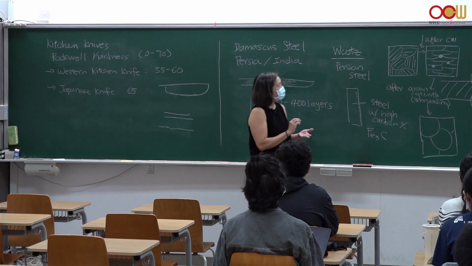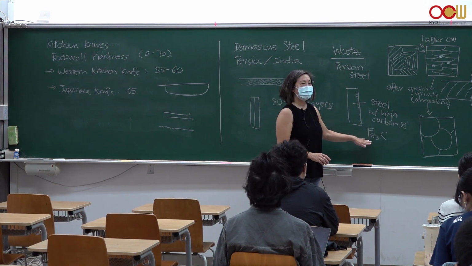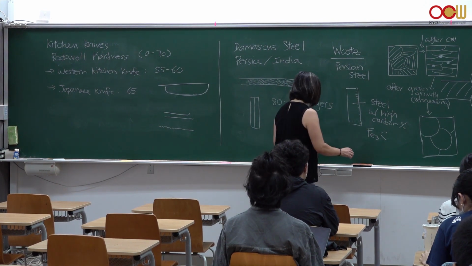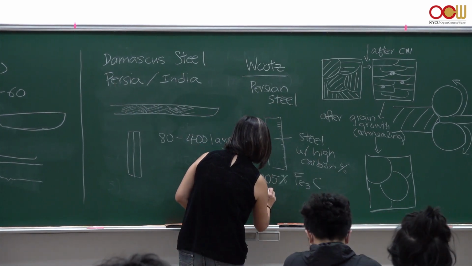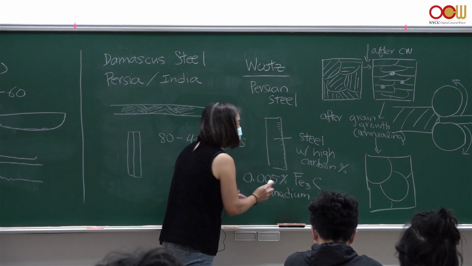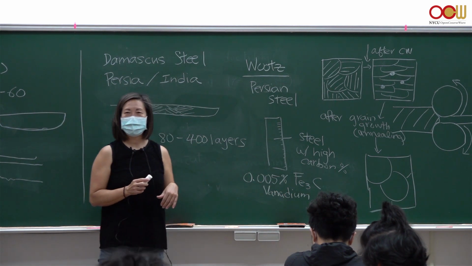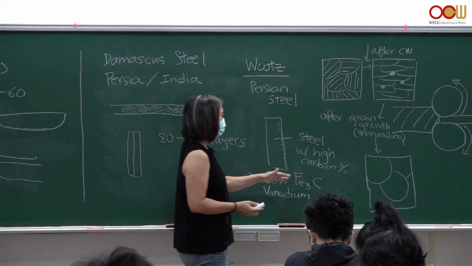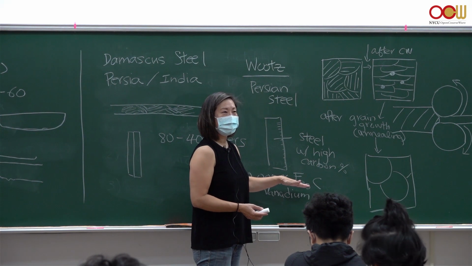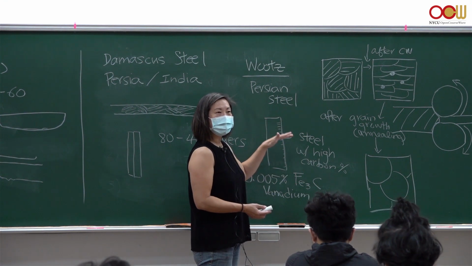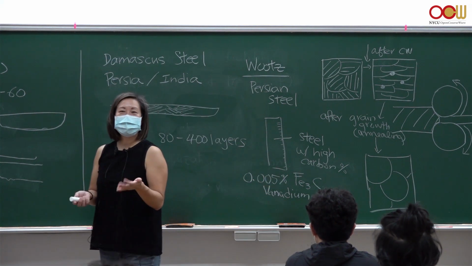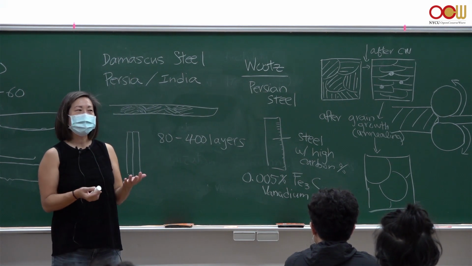So by growing these carbides, what they found out was you needed 0.005% of vanadium. So a very, very small amount of vanadium. Somehow the vanadium stabilized the carbide structure so that it could form these teeth along the edge. And the scientific community still doesn't know exactly why.